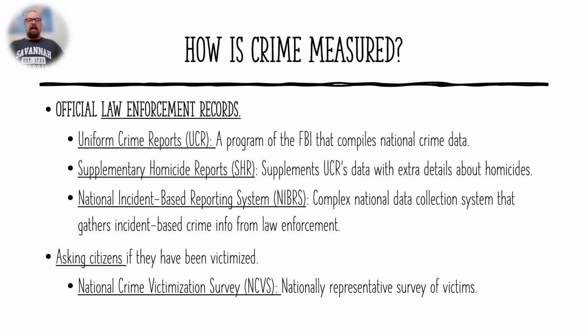So the SHR gives us victim ages, sex, race, offender age, sex, race, weapons, if weapons were utilized, what type of weapons were utilized, victim-offender relationships, and circumstances that led to the homicide.